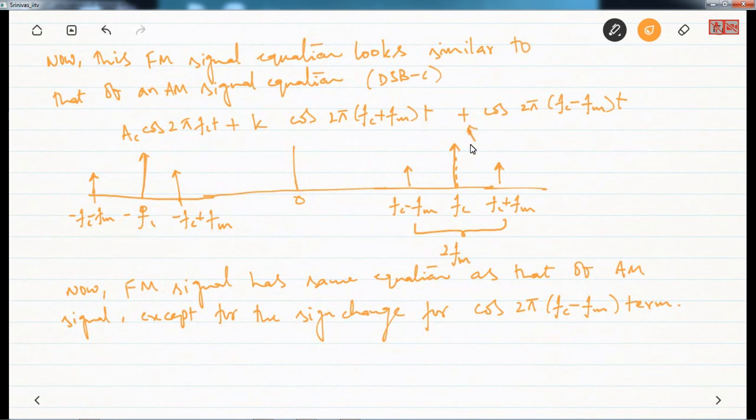So except for this sign change, the narrowband FM equation with single tone modulation is very similar to the double sideband with carrier AM. And we know that the bandwidth of the AM signal is 2 FM. So the bandwidth of the FM signal is also equivalent to 2 FM.